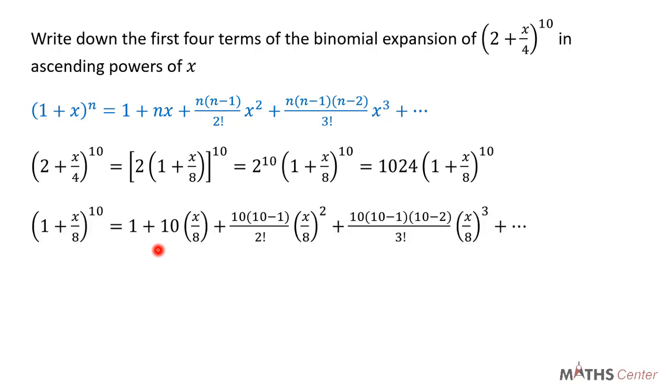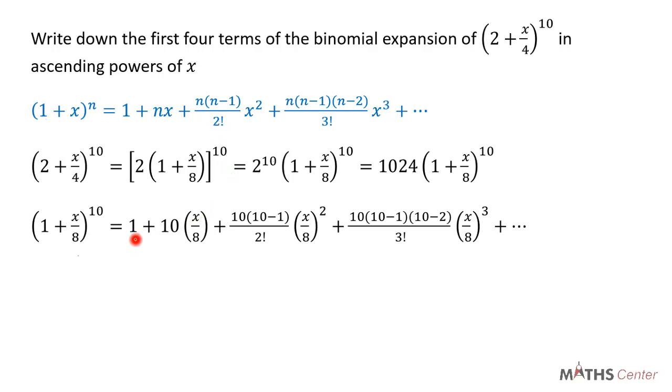So let's do that. We are going to expand (1 + x/8)^10. By comparison, we can see that 1 is 1, n is 10, and x will be x/8. So we are going to substitute n as 10 and x as x/8 into this expansion here.